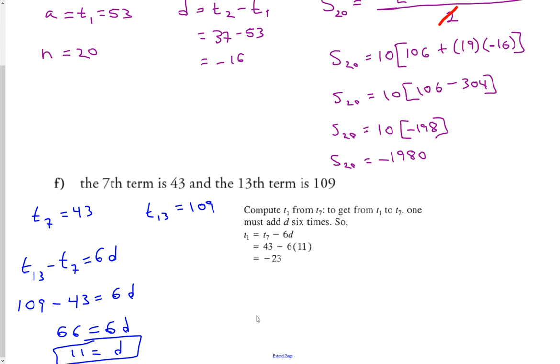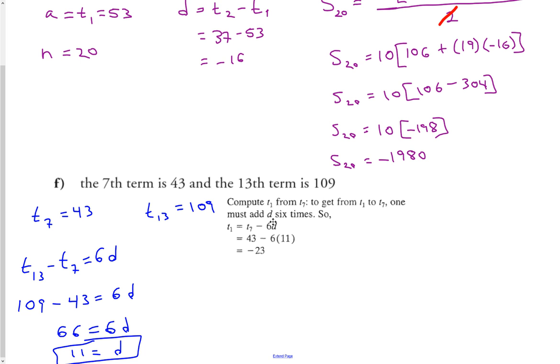So that means term 1 is going to be term 7 minus 6 times the difference, right? So if we subtract that off of term 7, we should be back at term 1. So that's what they did, and they found that term 1 is going to be 23. Basically, they subtracted 11 6 times to get all the way back to term 1. So that's a really great way of thinking about it.